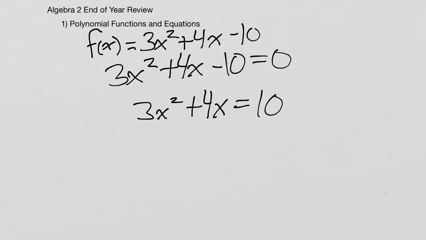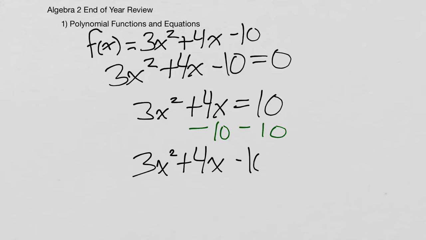And then you'd have to do some kind of algebra, like subtracting 10 from each side, so that you could put it into the standard form, which would be 3x squared plus 4x minus 10 equals 0, like we saw up here. Okay? So with a polynomial equation, you always want it to be in this form, which is known as the standard form of a polynomial equation.